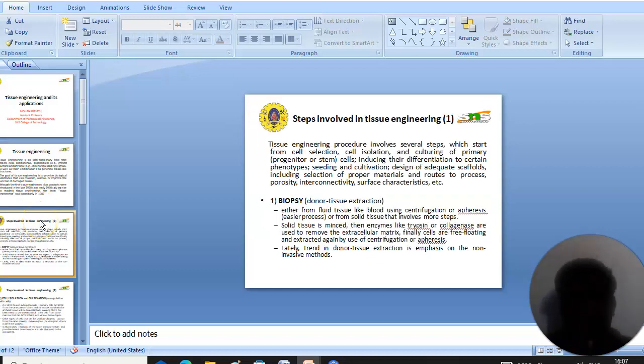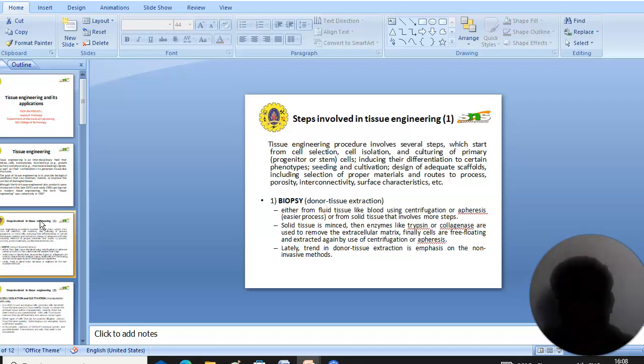What are the steps involved in tissue engineering? Tissue engineering procedures involve several steps, which include selection, cell isolation, culturing of the cells, then the differentiation of the cells, and then cultivation on the scaffolds, and then applied after cultivation of the cells in the scaffold to the human.